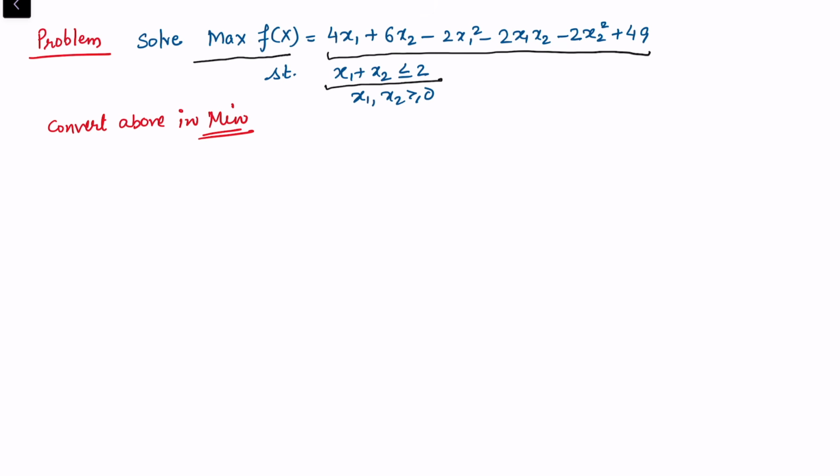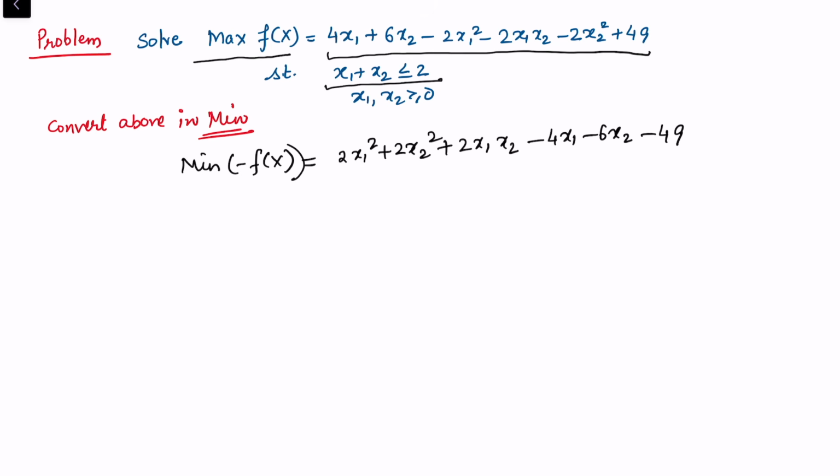Converting this into minimization, we write minimization of minus f(x), which is obtained by multiplying by a minus sign. So we have 2x1 square plus 2x2 square plus 2 times x1 x2 minus 4x1 minus 6x2 minus 49, subject to the same constraint. There is no change in the constraint.